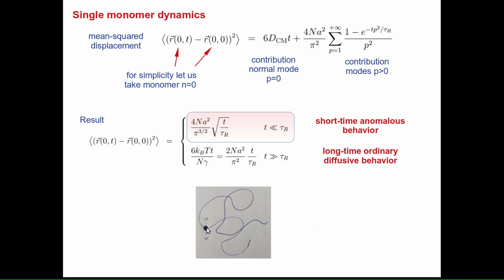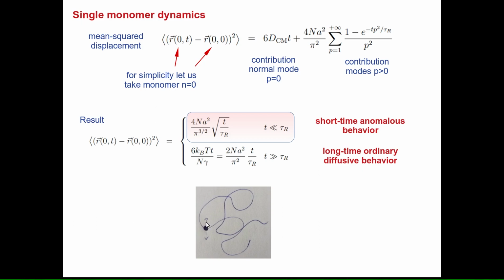Suppose that you can label this monomer, which means putting a fluorescent molecule on it that gives you a signal that you can see. You see where this molecule is, and you measure how it moves around, the mean square displacement of this monomer. What you find is that at short times it scales as a square root, and at long times your mean square displacement scales as ordinary diffusion.